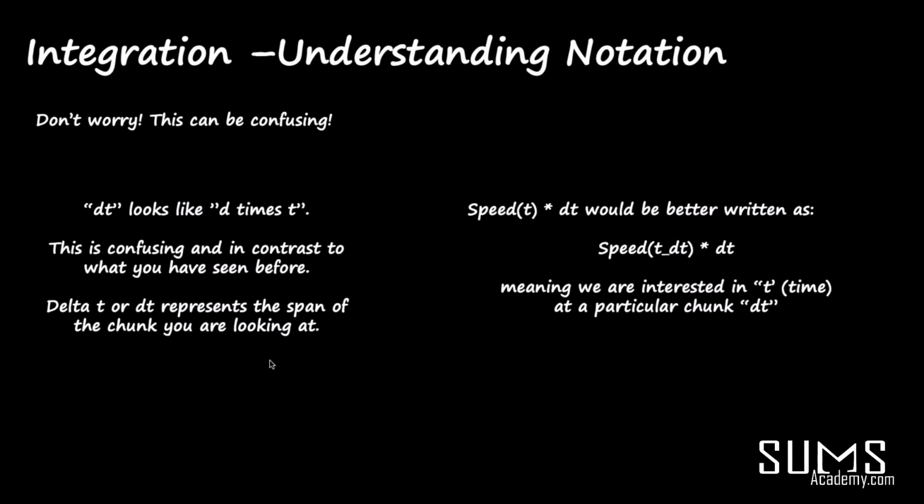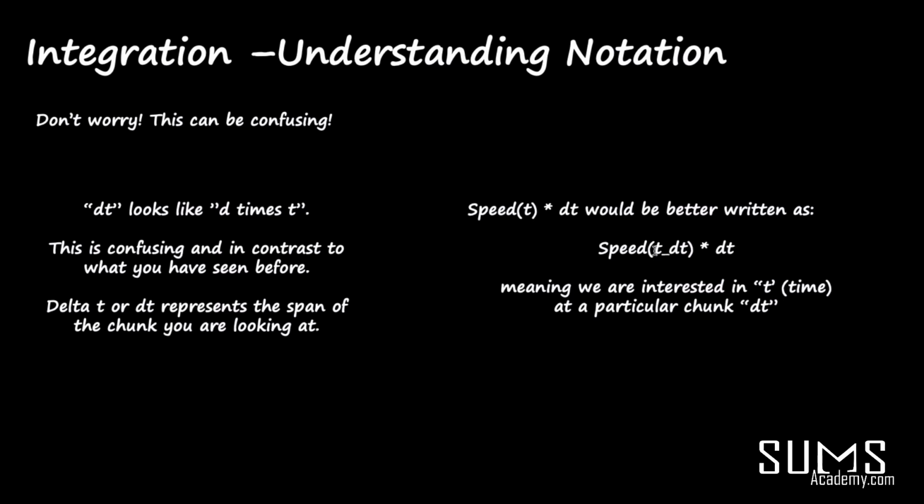Just a few things might be easier to understand. Where speed of t times dt, it would be much better written if it was speed of t, for a chunk dt, times dt. Meaning we are interested in the time at a particular chunk dt. So you can think of that as for chunk dt, so it could be dt1 times dt1.